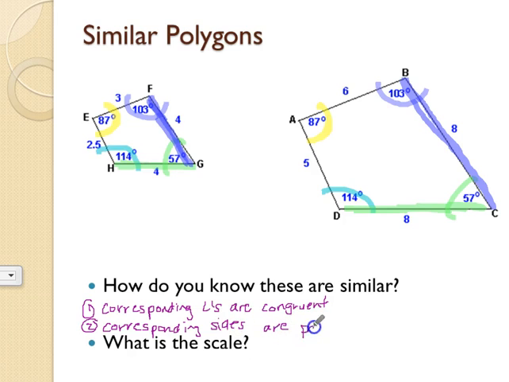So that's how we are able to prove that those two figures are in fact similar. What is this scale? Well, it's twice as big, right? As we go from the smaller to the larger. Or if we go from the larger to the smaller, we would say it's 1/2 the size. I'm going to go to the next slide now.